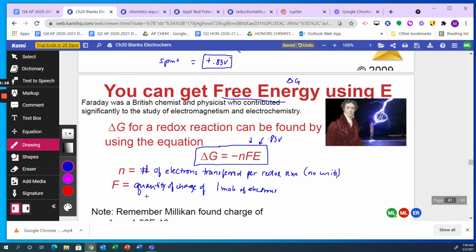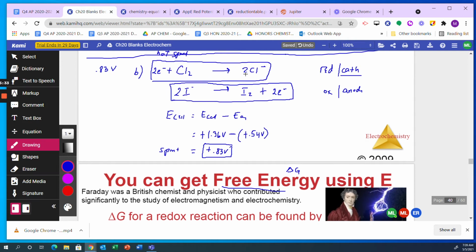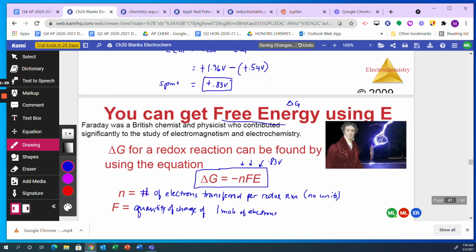Faraday's constant is the quantity of charge of 1 mole of electrons. I'll talk more about that in a few minutes. And then n is the number of electrons transferred. So for example, for this reaction, you took 2 electrons, this gave 2, so n would be 2.